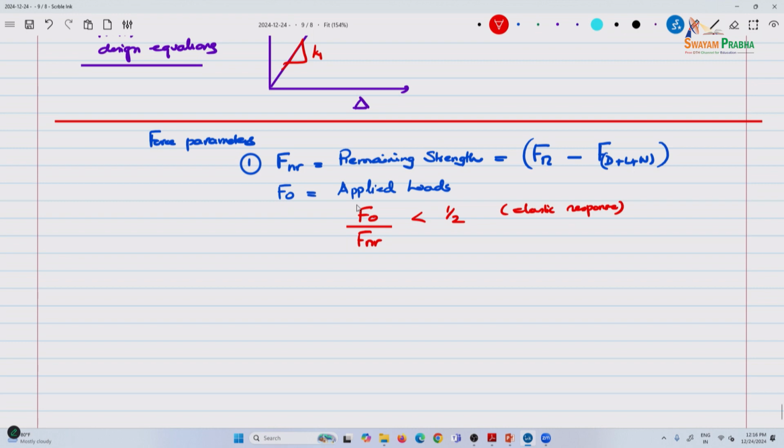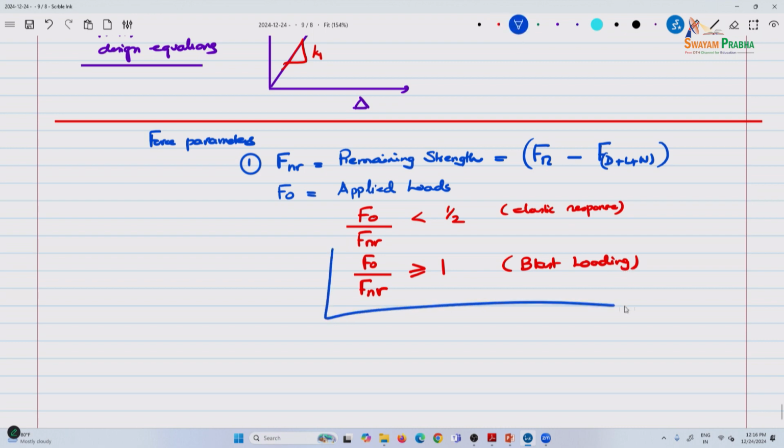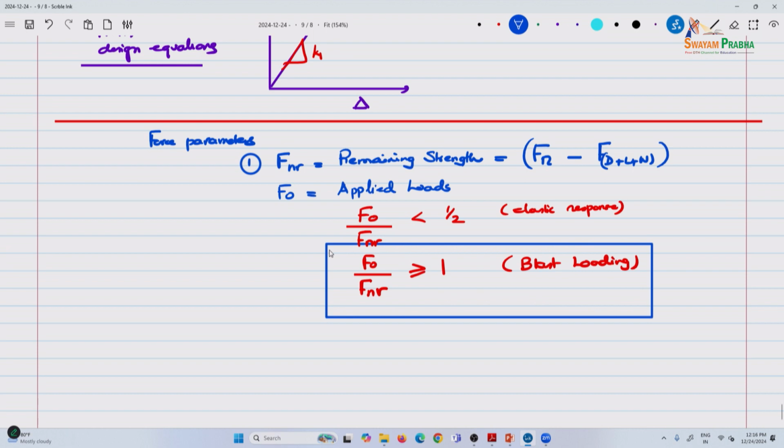But if you have F naught by FNR greater than 1 or much greater than 1, then we will use this concept later for design purposes.